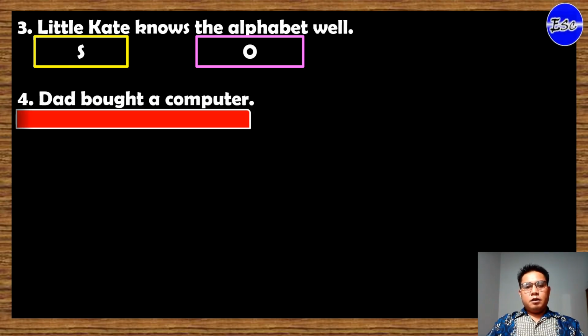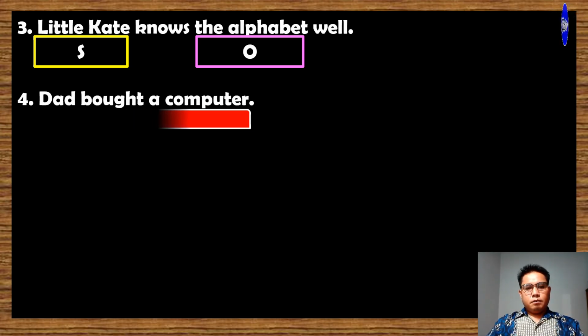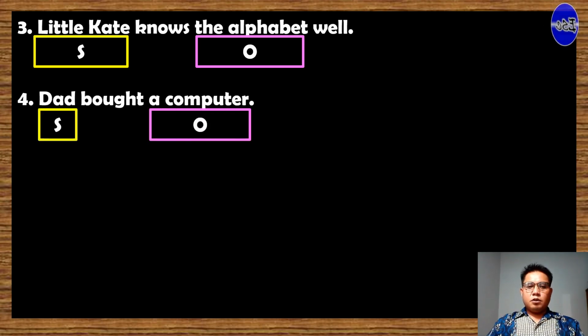Number 4. Dad bought a computer. Well done. So the subject is Dad and a computer is the object.